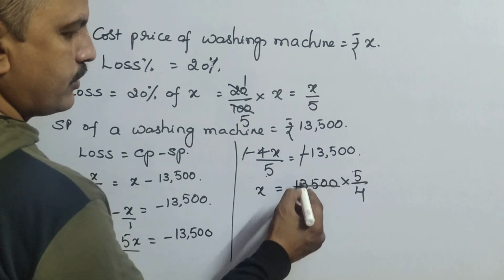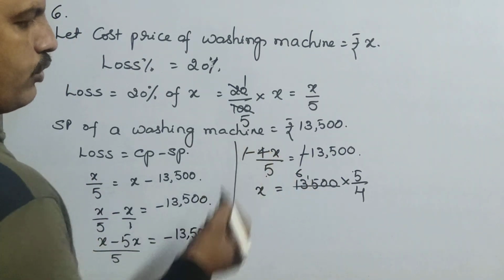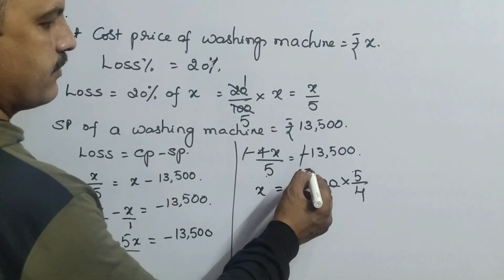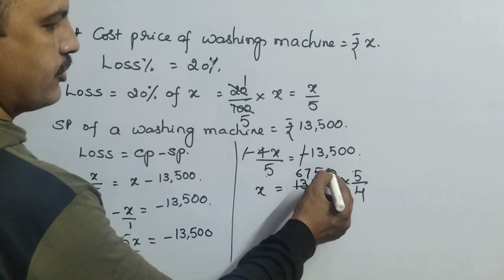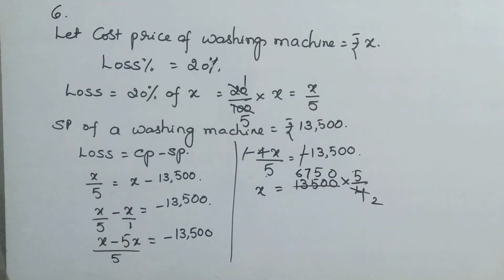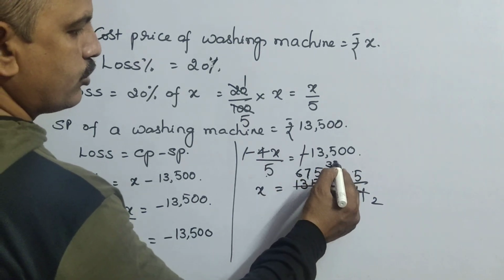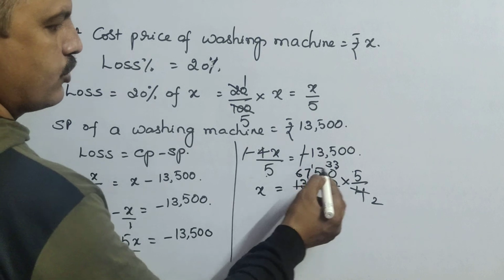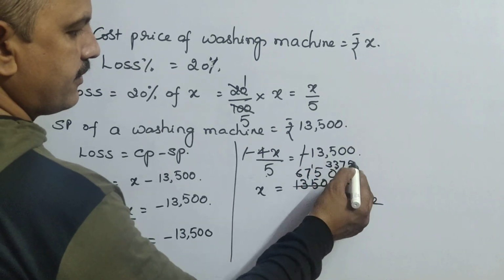2 sixes are 12, 1 left. 2 sevens are 14, 1 left. 2 fives are 10, 0. 2 twos, again in the 2 table we can cancel. 2 threes are 6. 2 again 2 threes are 6. 2 sevens are 14, 1 left. 2 fives are 10.